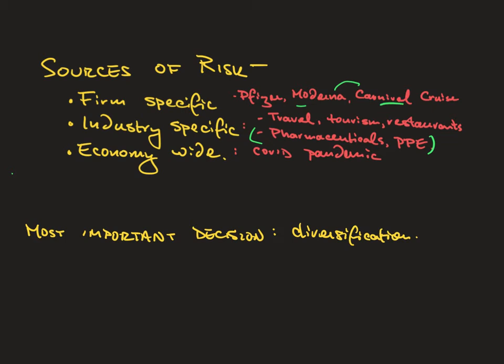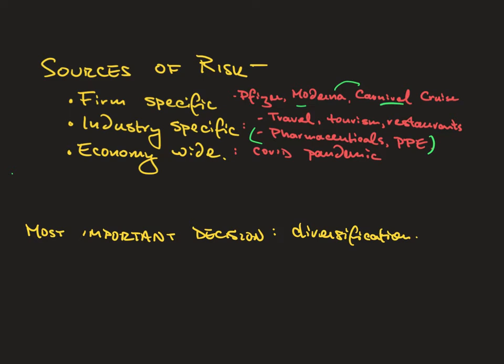The more you can diversify, the lower the overall risk. All of the ups and downs will average out over the different companies. But if you focus your money into one company or into one industry, you increase your overall risk.